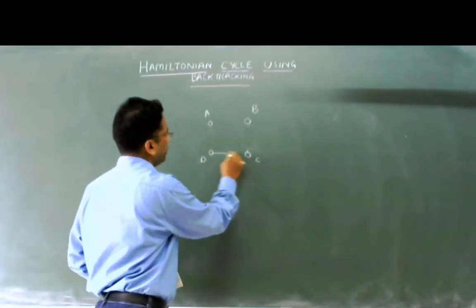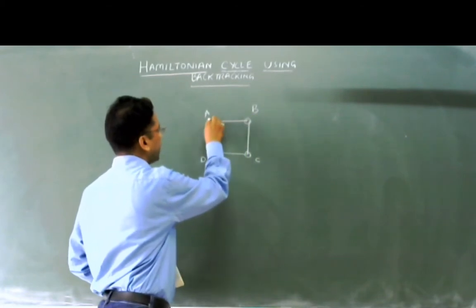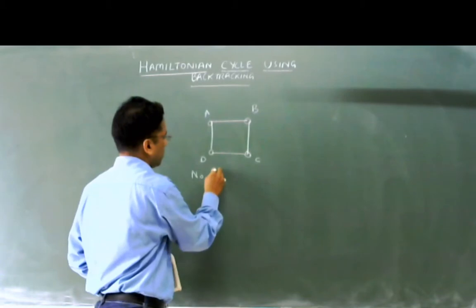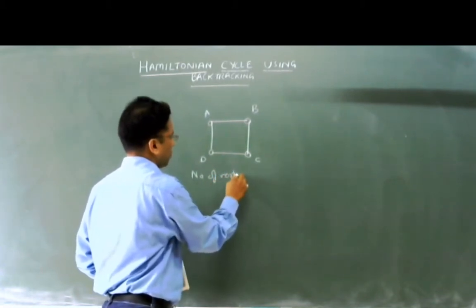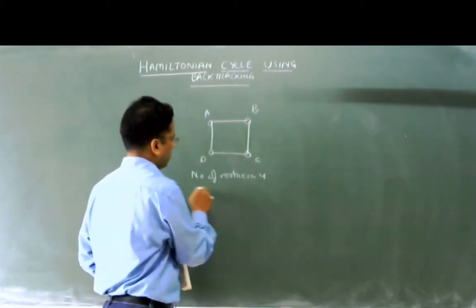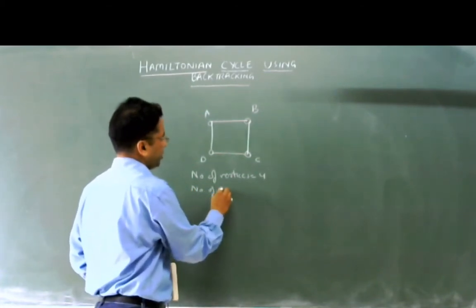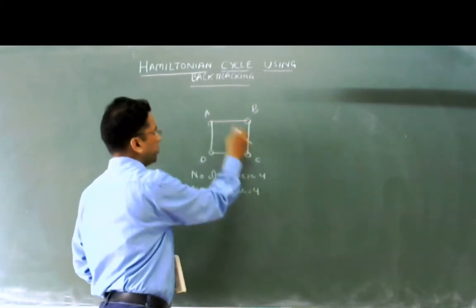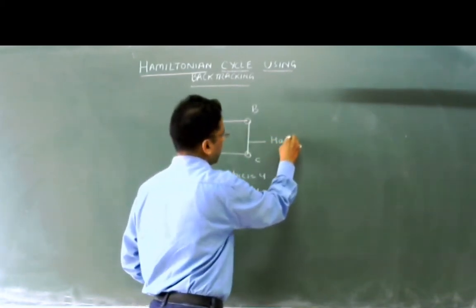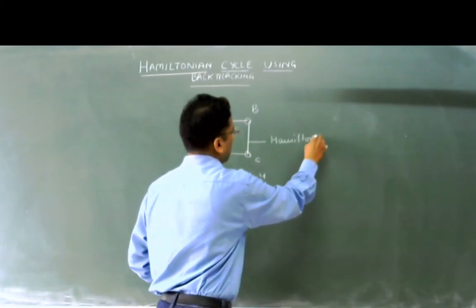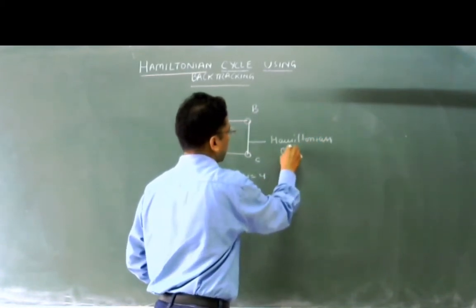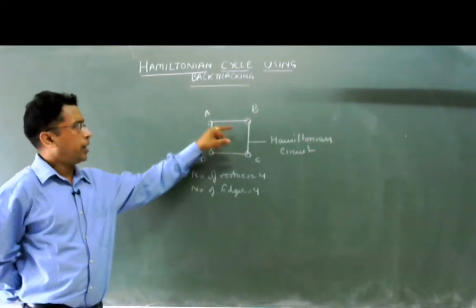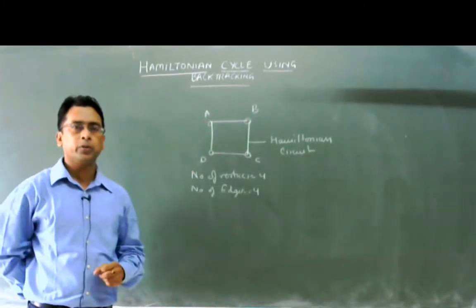Here I can simply create a Hamiltonian cycle. Number of vertices is equal to 4, number of edges is equal to 4. So this will be a Hamiltonian circuit. So this way we have created a Hamiltonian circuit.